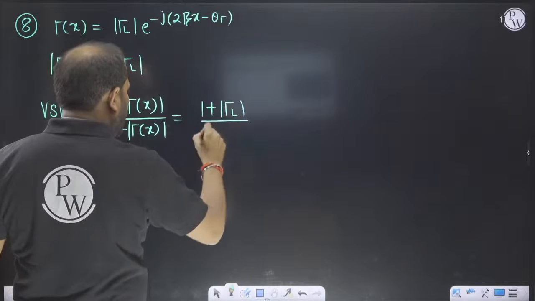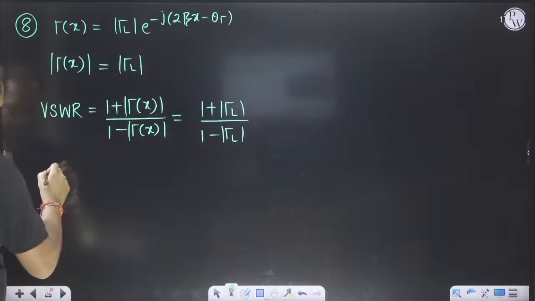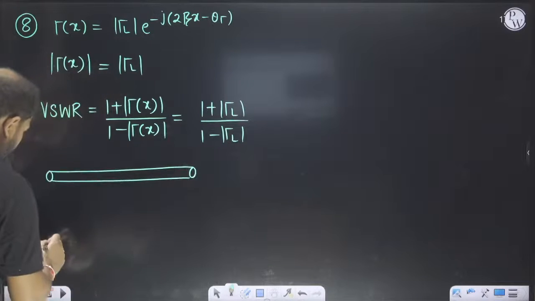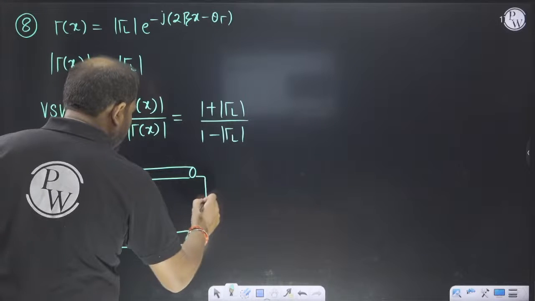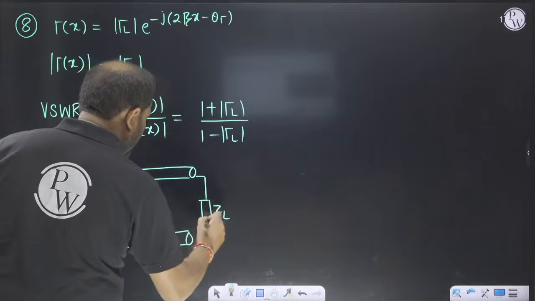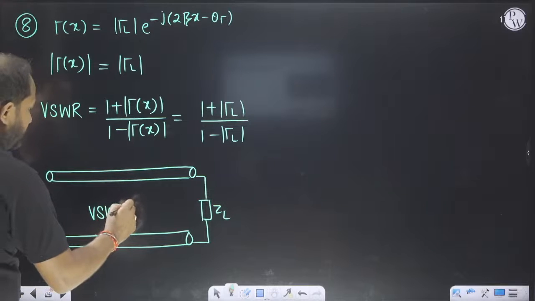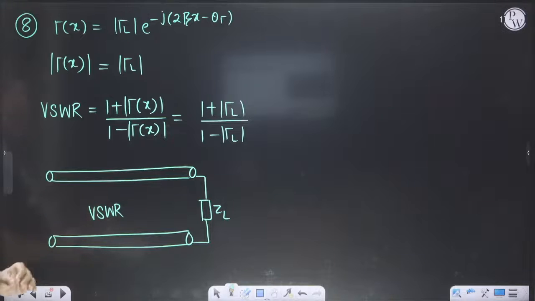So mod gamma L does not depend upon x. So we can conclude that VSWR does not depend upon x. VSWR is uniform over the transmission line. This is for a lossless transmission line.